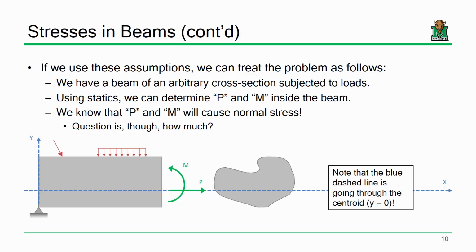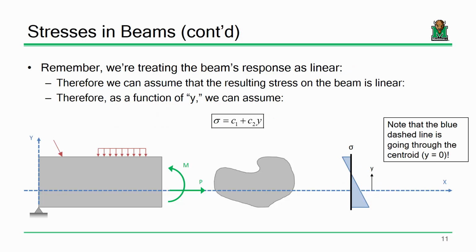Well, if I have an unknown stress profile, and I've got at most two unknown components that go into that, probably a reasonable assumption is that that stress profile is somewhat linear.